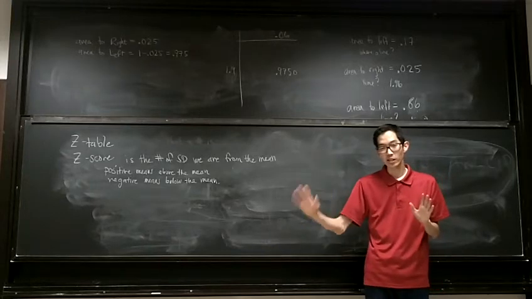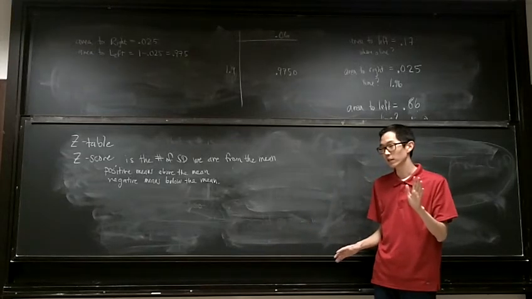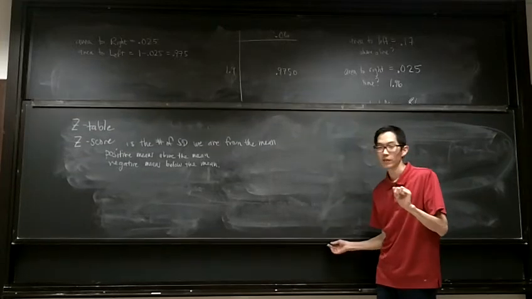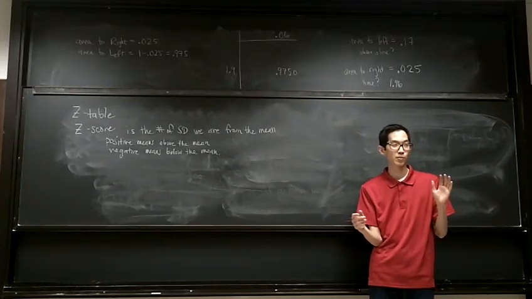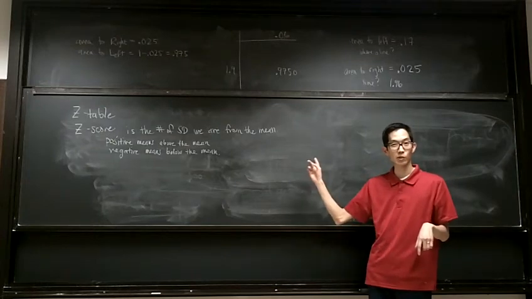So the mean is 110, the standard deviation is 5. If something weighs 115 pounds, what is its z-score?